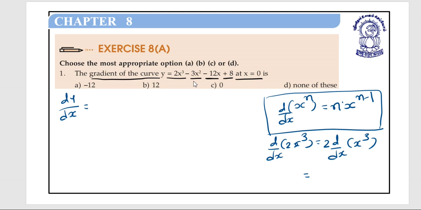Here n is equal to 3. So 2 into 3x raised to 3 minus 1, that is 3x square.